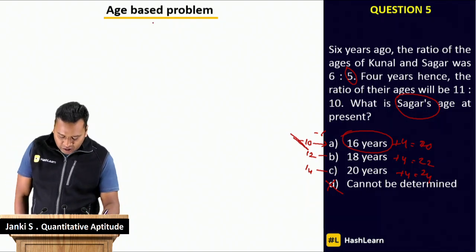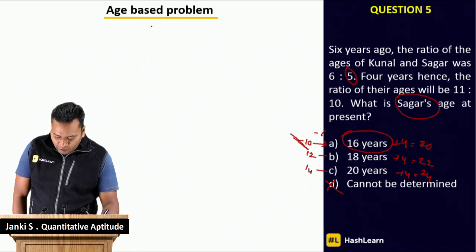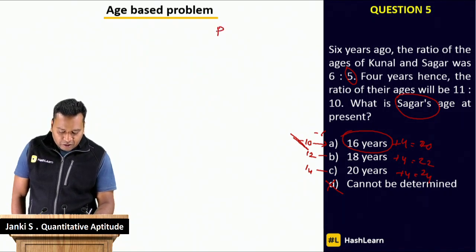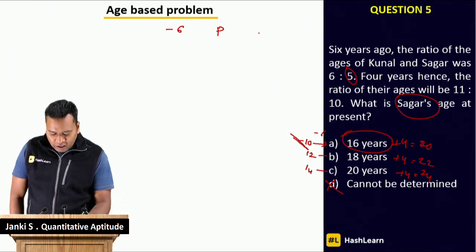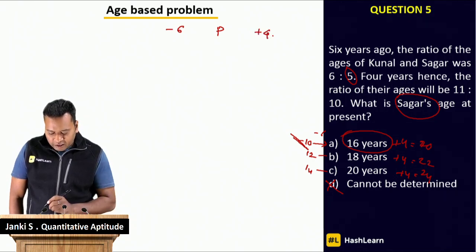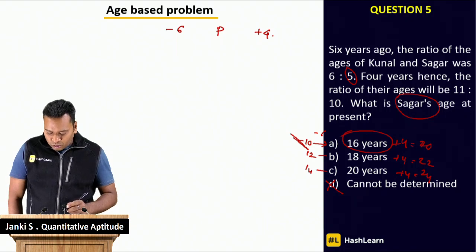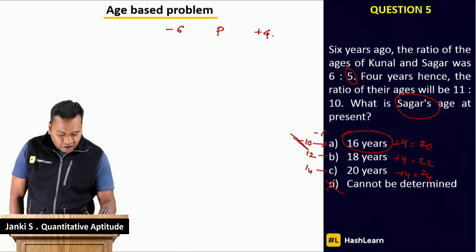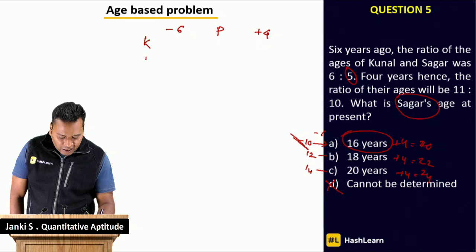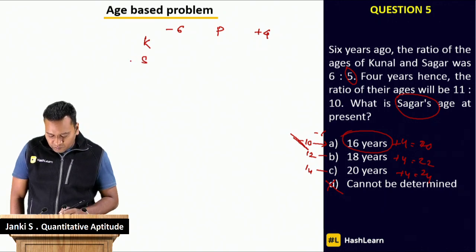But let's cross check. Let's go by the basic format. So I'll mark 3 parameters. Present is 6 years back and 4 years hence, right? That's my condition given. So 6 years ago, Kunal and Sagar were in the ratio of 6:5.